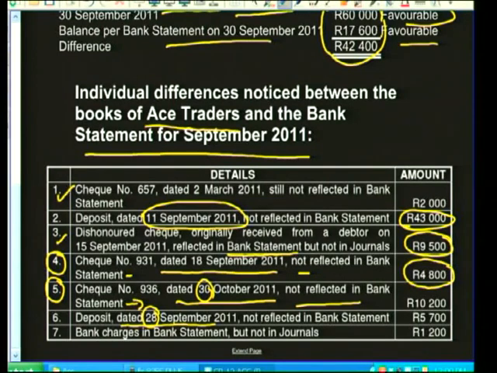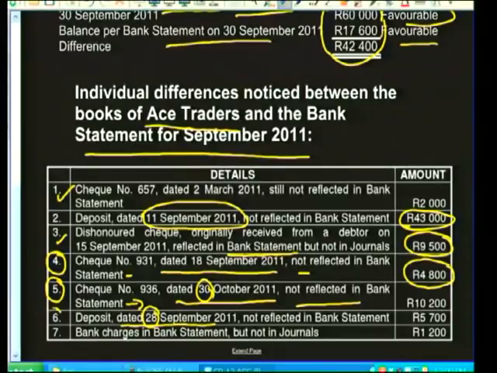Keep that at the back of your minds, as you will see later on how we deal with this particular aspect. So this one here, the 5,700, is an outstanding deposit, like this was an outstanding deposit, but we dealt with it differently.